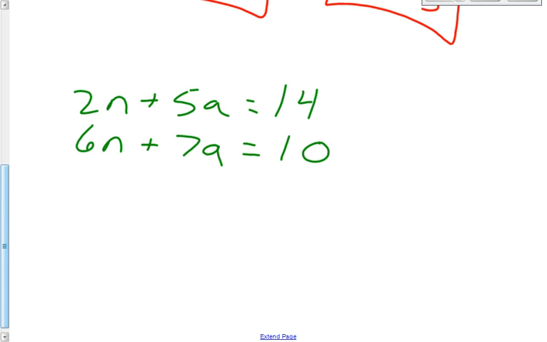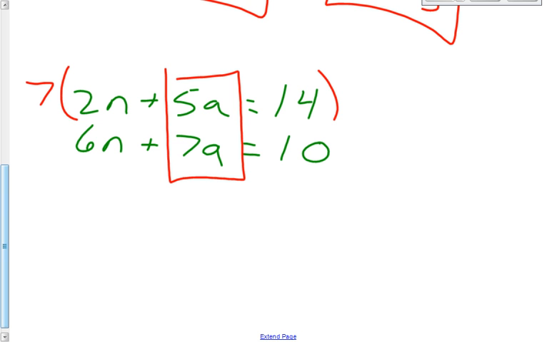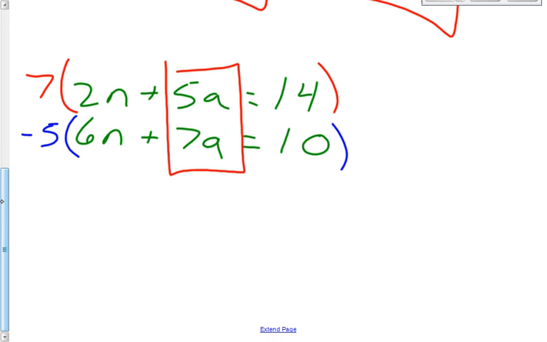You have to somehow get these two a coefficients to be the exact same number, except one of them is positive and one of them is negative. So I would recommend multiplying this whole one by 7 and multiplying this whole equation by -5. That way you'd get one to be a positive 35a and the other a negative 35a.